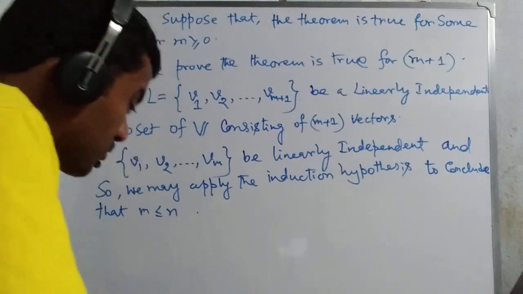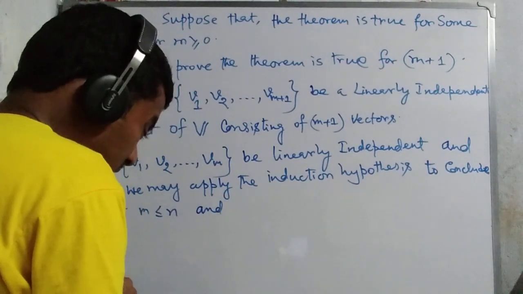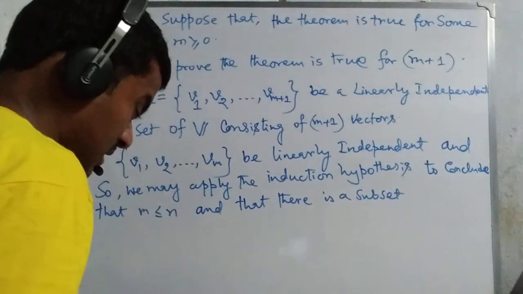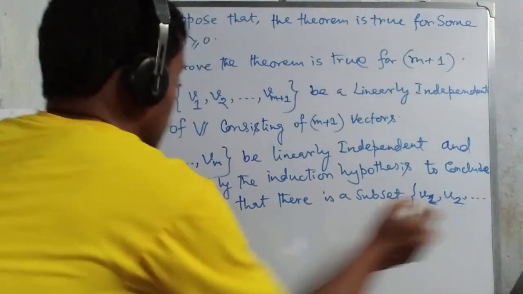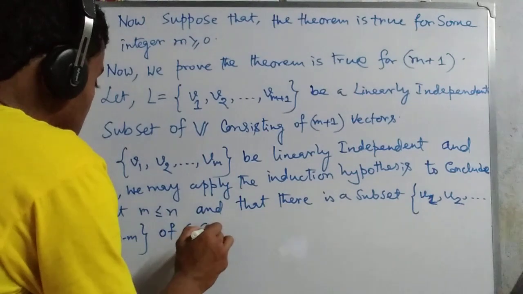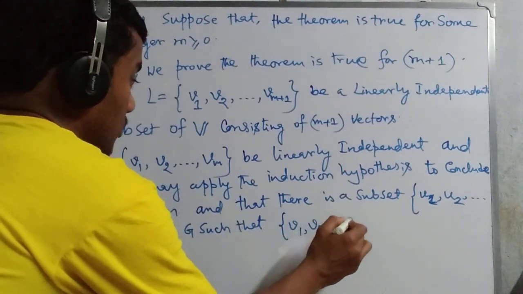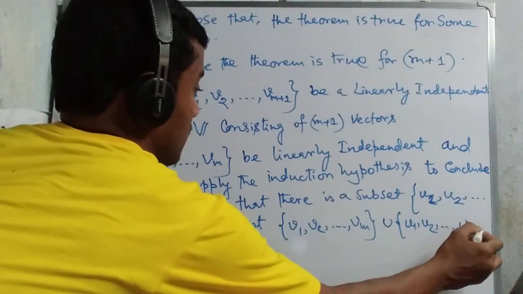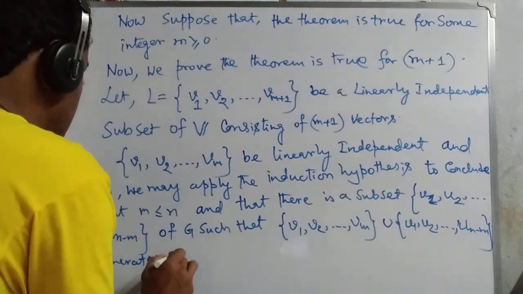So we may apply the induction hypothesis to conclude that m is less than or equal to n, and that there is a subset u1, u2, up to u(n-m) of G such that v1, v2, up to vm union u1, u2, up to u(n-m) generates V.